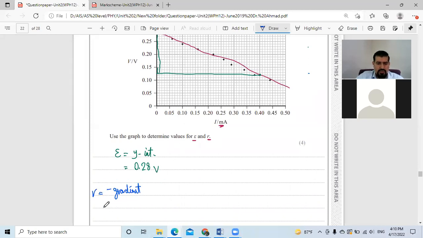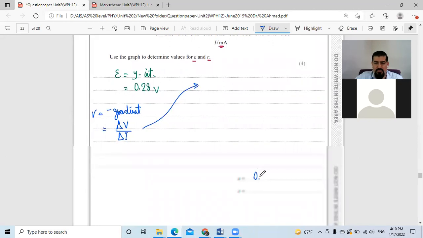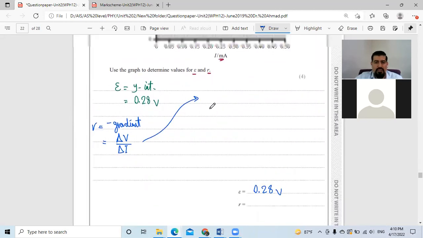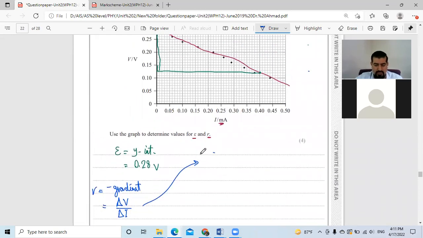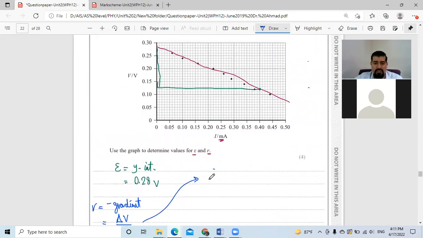The internal resistance, so it will be delta V over delta I. Here the y-intercept is 0.28 volt, and for the gradient, I have to choose these two points clearly from my straight line, and there's a range of accepted answers.